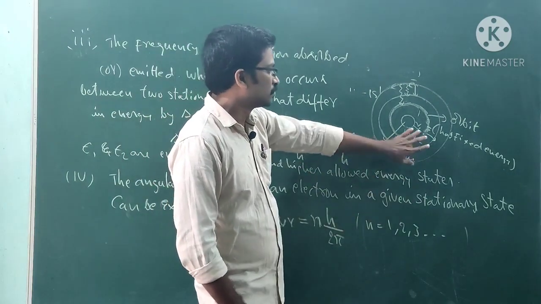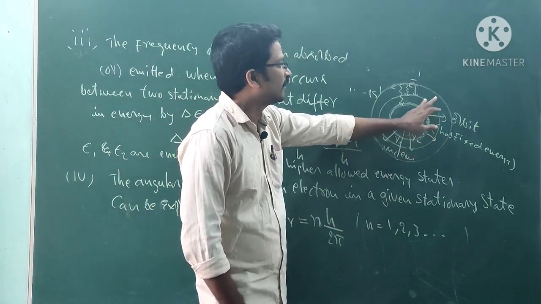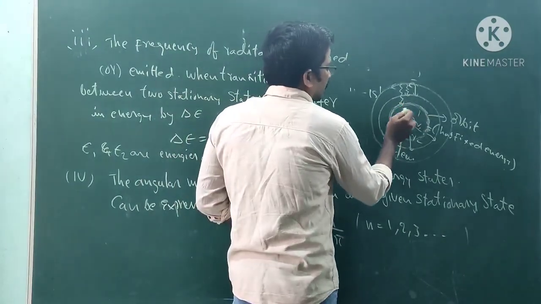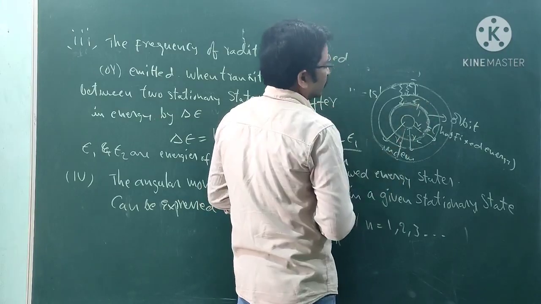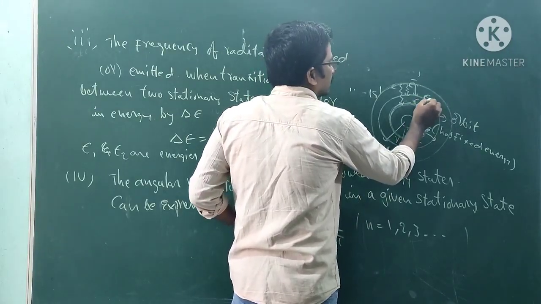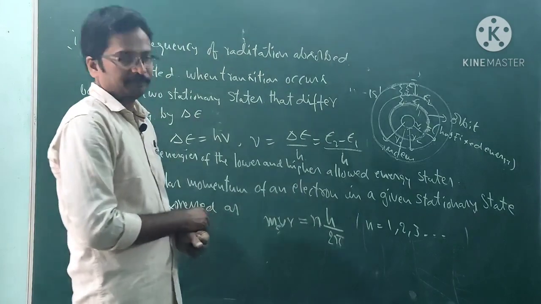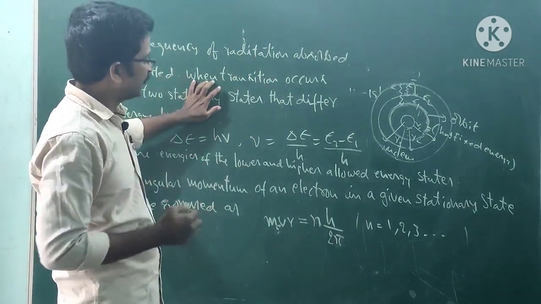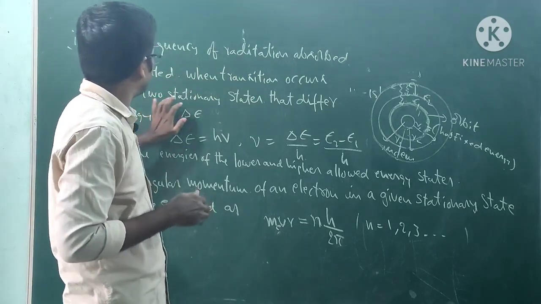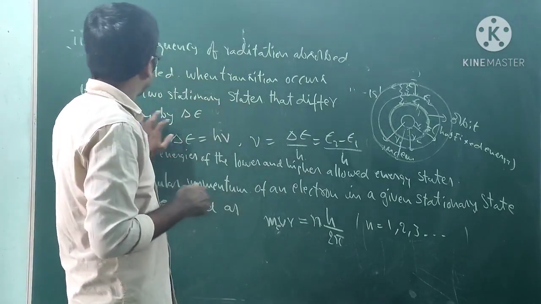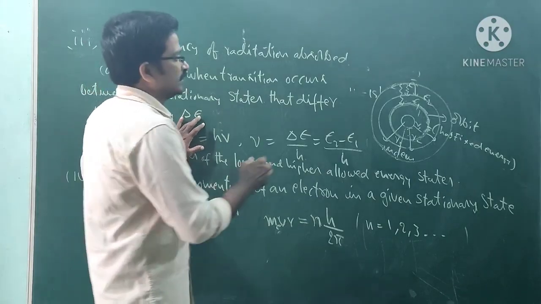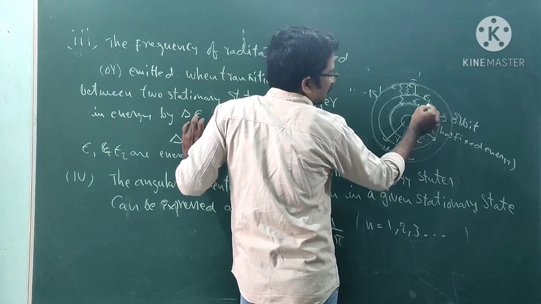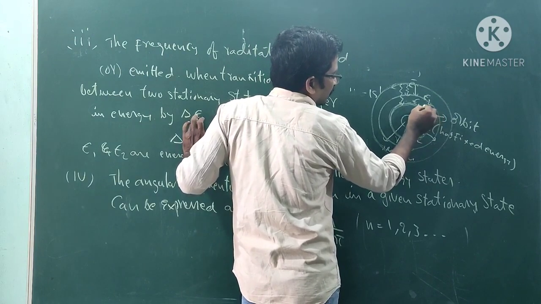Whenever the electron goes from one level to another level, for example, the electron in this orbit has energy E1. In this orbit, the electron has energy E2. The frequency of radiation absorbed or emitted when transition occurs between two energy states differing by energy del E. These two levels have an energy difference of del E.